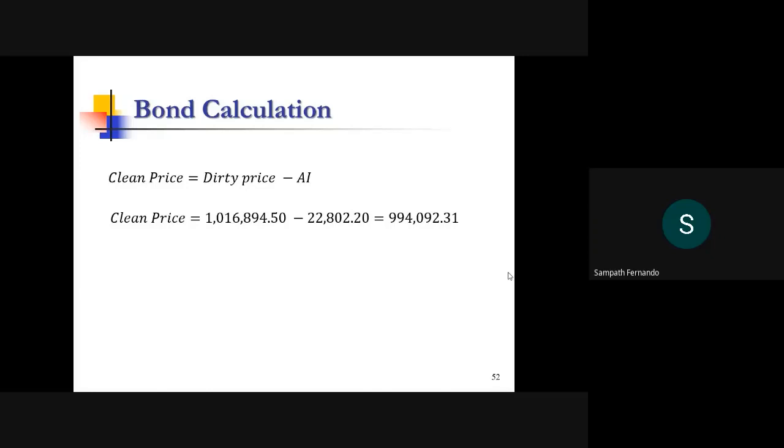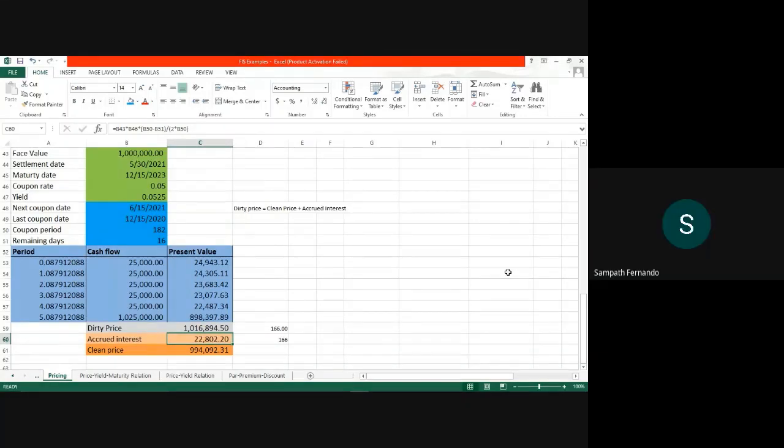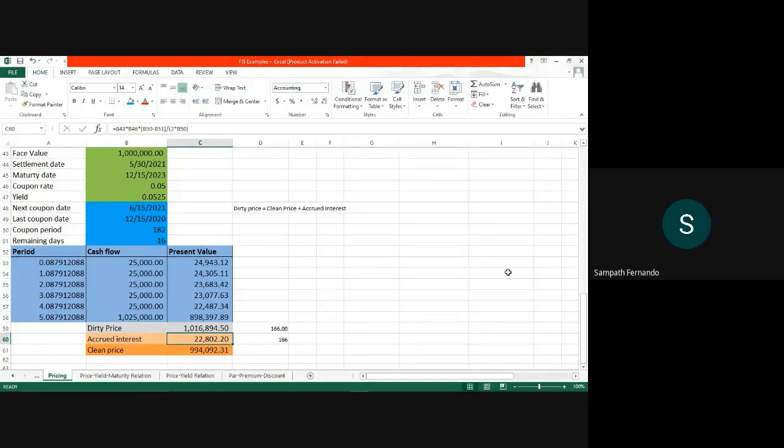So can you go to the Excel again? Yeah, the interest rate was not divided by 2, no? Which interest rate? The coupon rate or yield? Yeah, the accrued interest, and calculate the accrued interest.